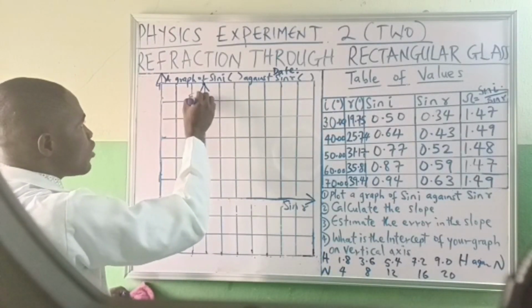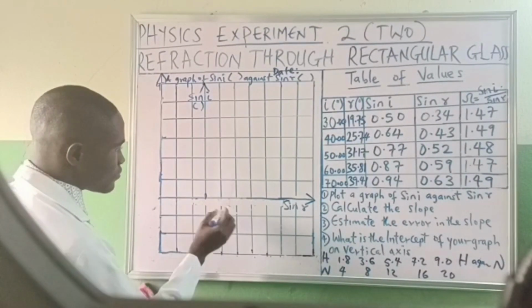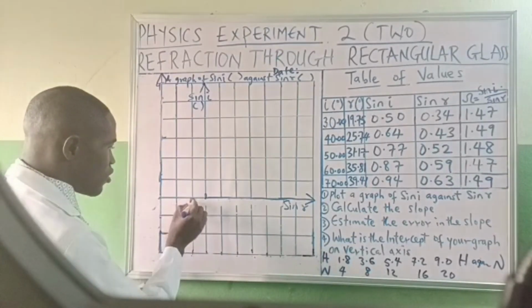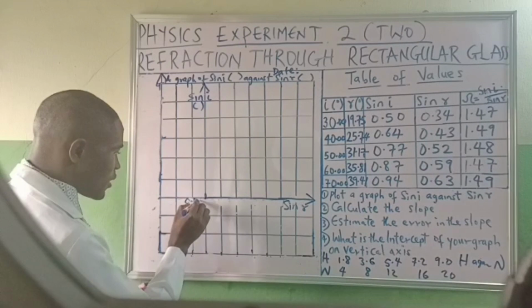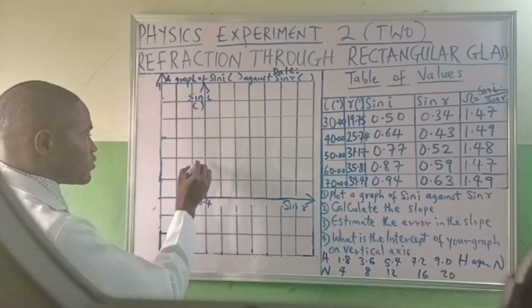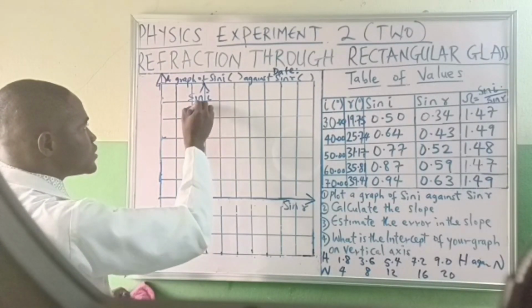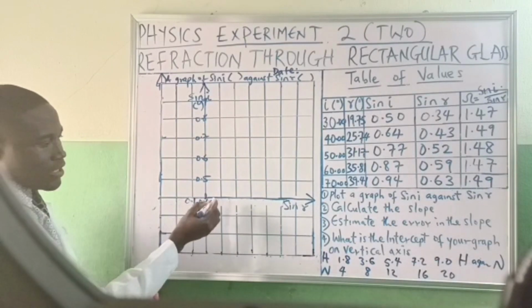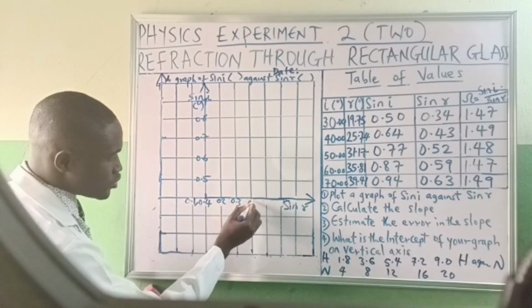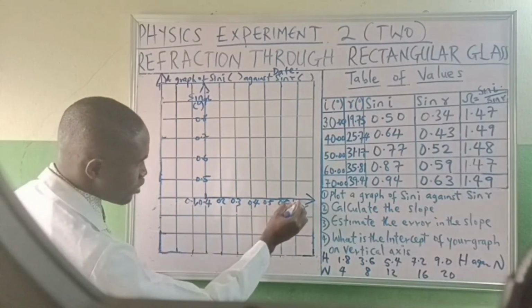Here to be sine I, no unit. Here to be 0, here to be 0.1, 0.4. Then 0.5, 0.6, 0.7, 0.8, 0.9. Then here to be 0.2, 0.3, 0.4, 0.5, 0.6, 0.7.